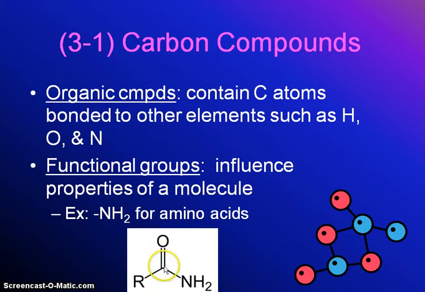This little bend here means that there's a carbon attached, and this attachment here on the side is called the functional group. Now, NH2 is for amino acids, which are the building blocks of proteins. So any sort of protein is going to have this NH2 group. So that's the functional group that helps to influence a protein's properties.